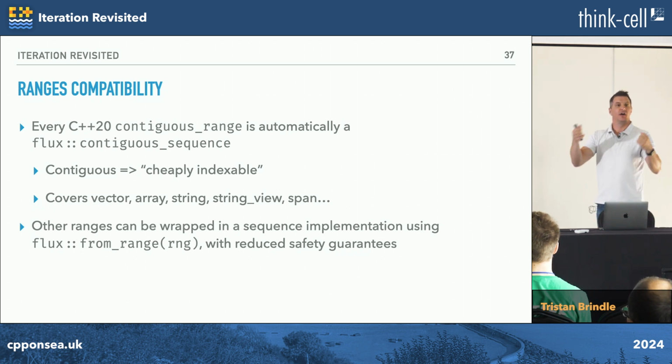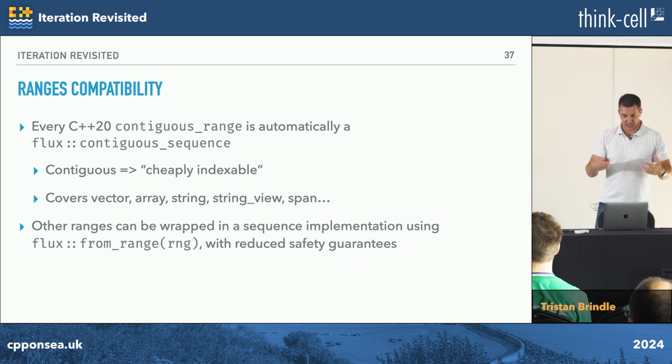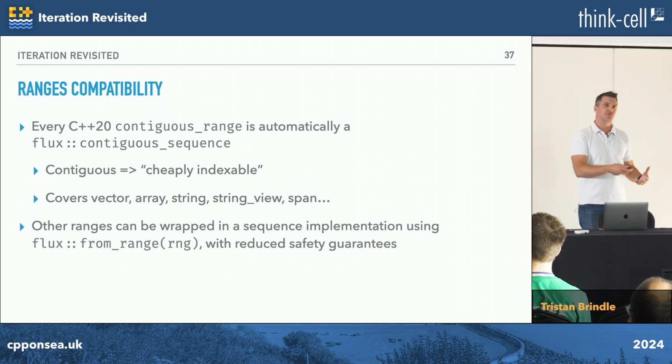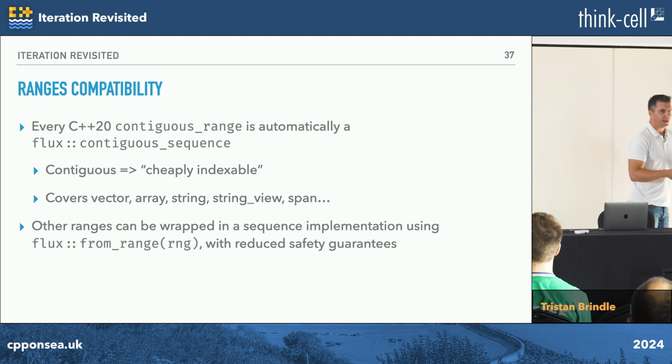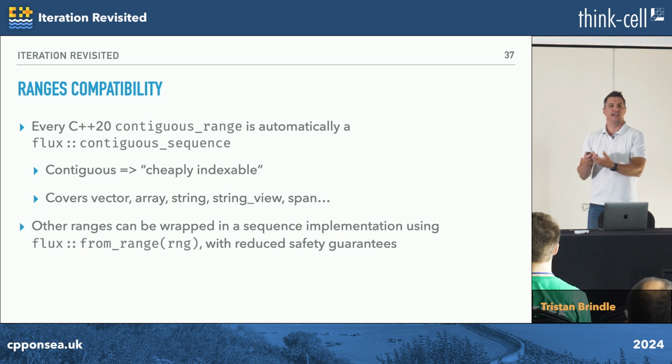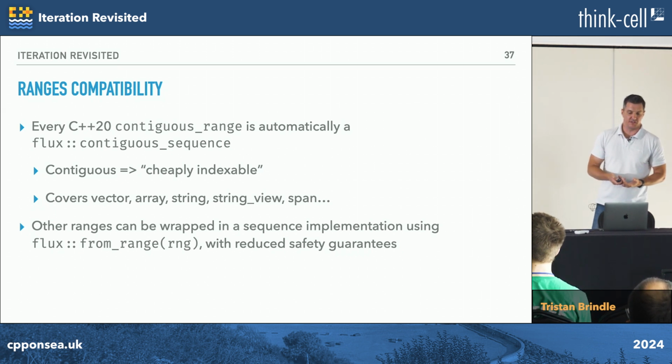This is a way of bringing compatibility. But unfortunately, because those iterator functions are themselves unsafe, we can't provide as many safety guarantees in the library if you're using this fromRange function.